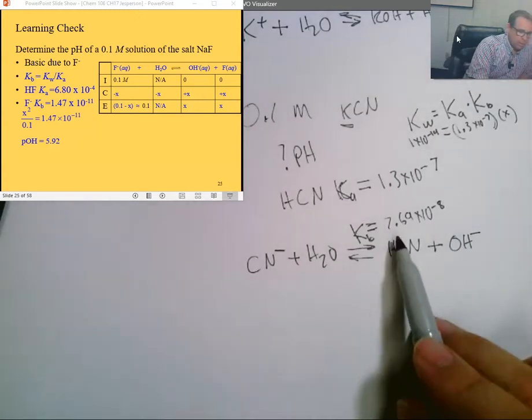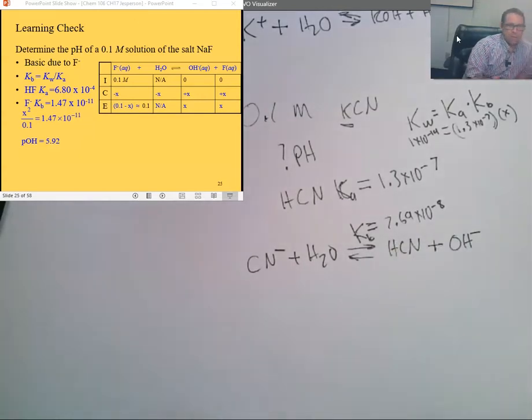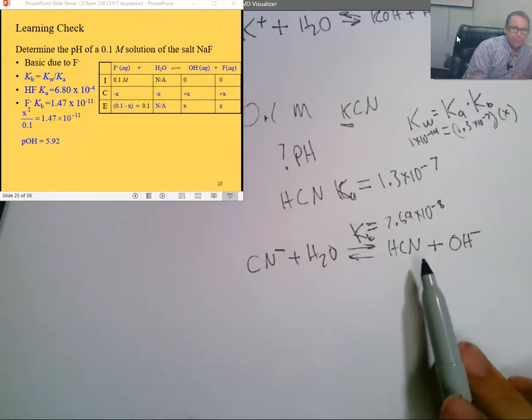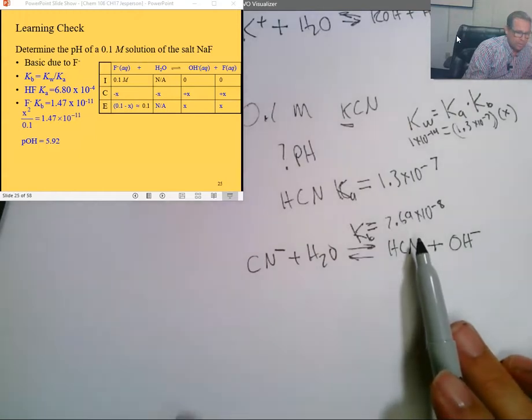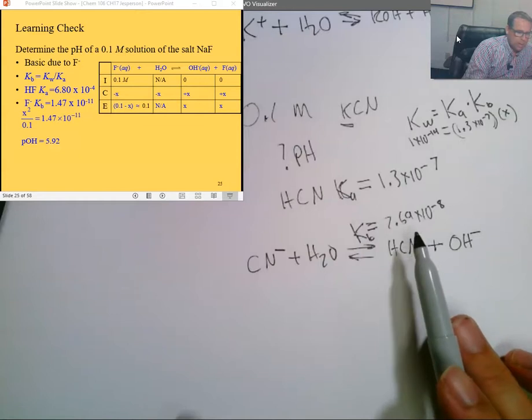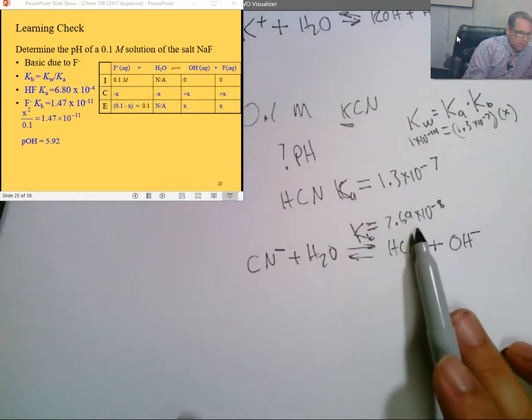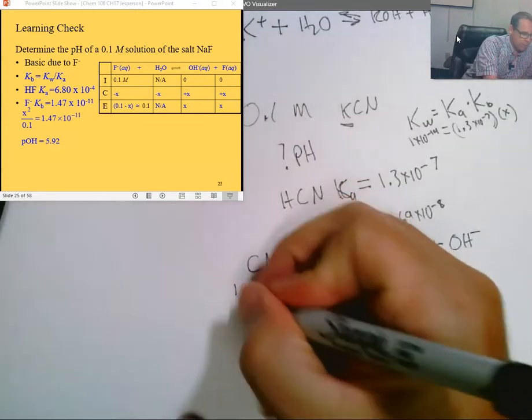Okay, so 7.69 times 10 to the minus 8. Am I closer to the pH? What do I do now? We could find the pOH using that number, being the negative log of 7.69 times 10 to the minus 8. Okay, I don't think I need to take the negative log of that quite yet. First, I need to finish up my ICE table, right?